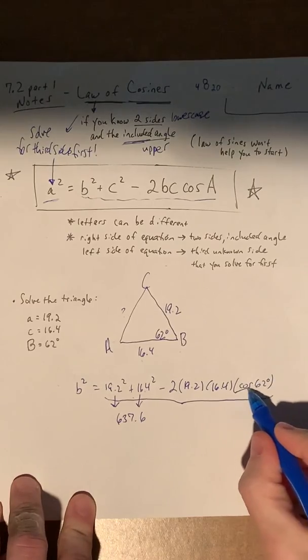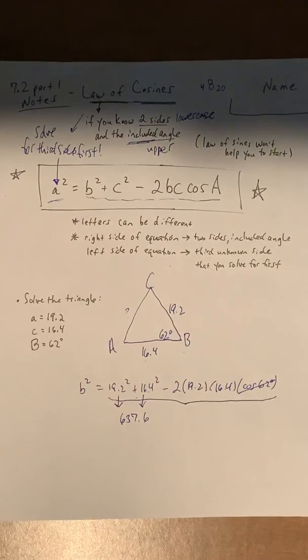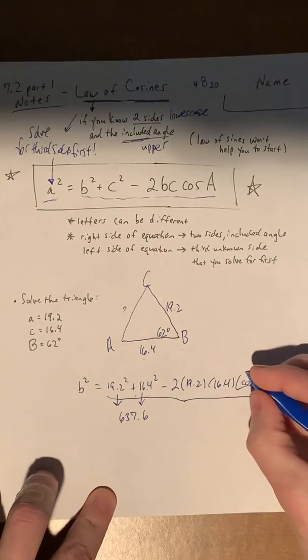You can find the cosine of 62 degrees. Make sure your calculator is set to degrees. You get about 0.4695, 0.469 will do.